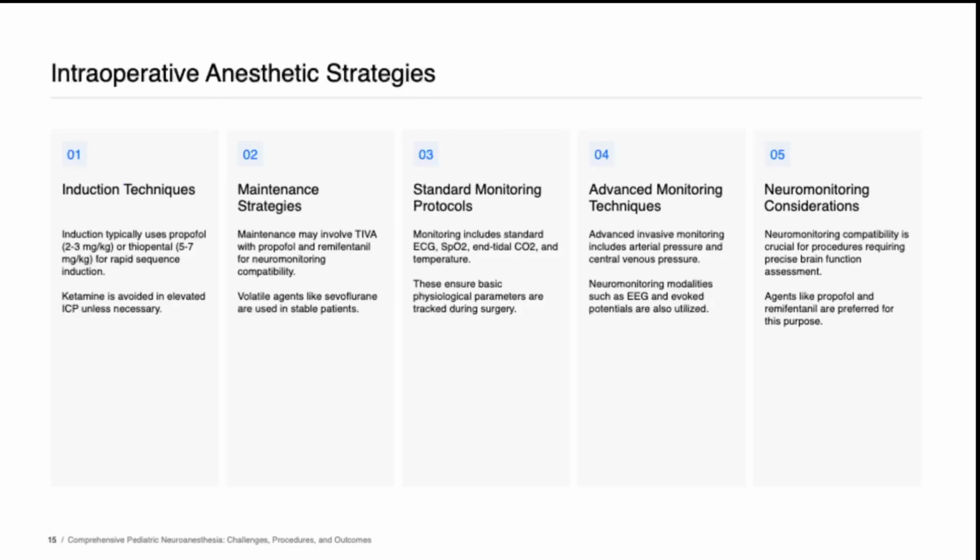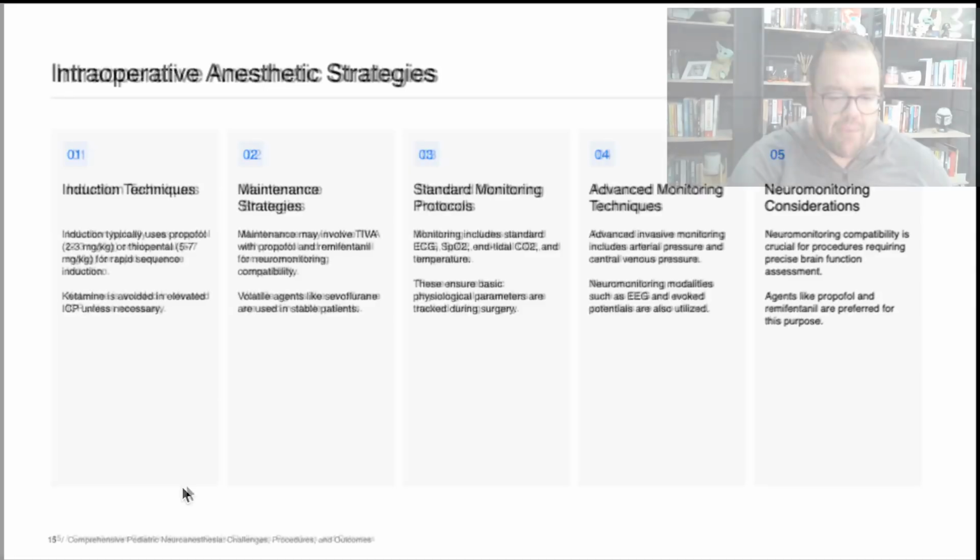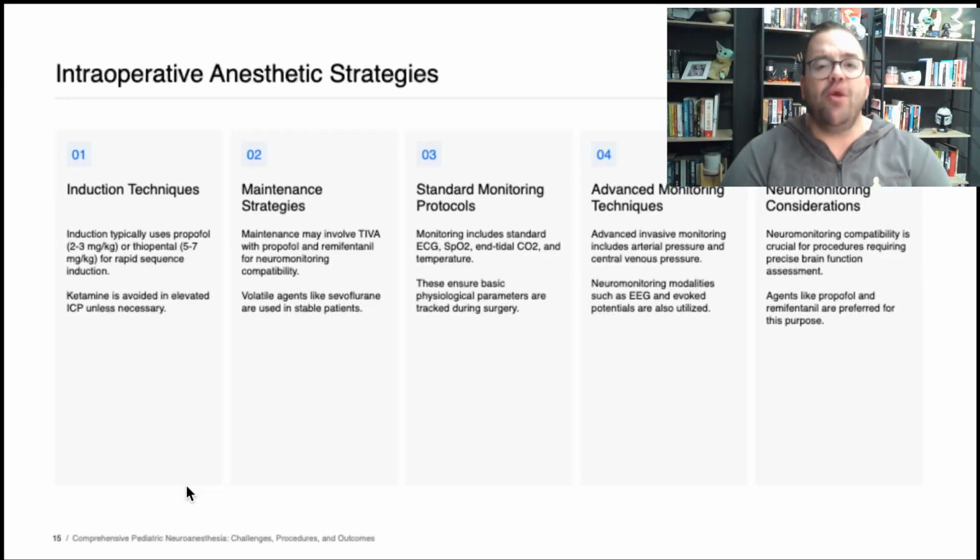In terms of intraoperative anesthetic strategies, what I do in these children, it all generally depends on what they're coming for. You know, as I said, I'm not opposed to a slow, controlled inhalational induction with oxygen and sevoflurane at no more than about 4 to 5% briefly.